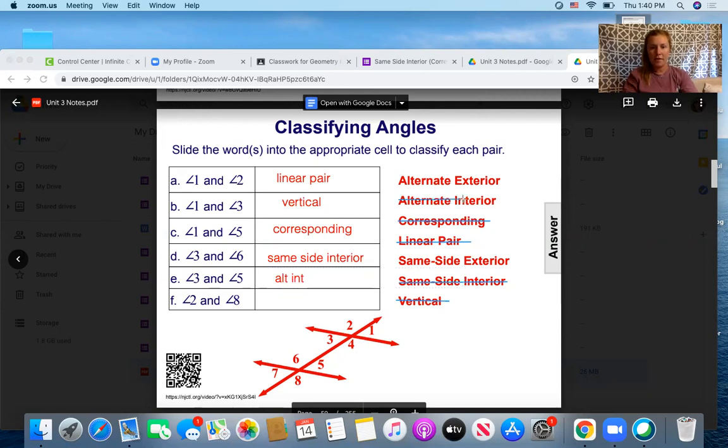And the last one we have is 2 and 8. 2 and 8. So we really only have 2 choices left. So that should kind of help us narrow it down, but we have 2 and 8.